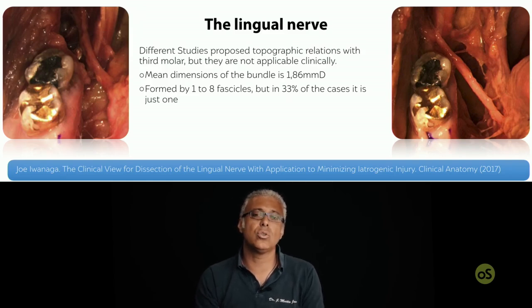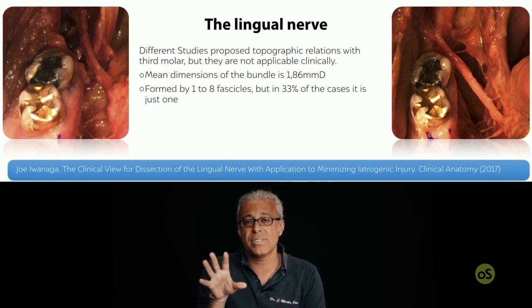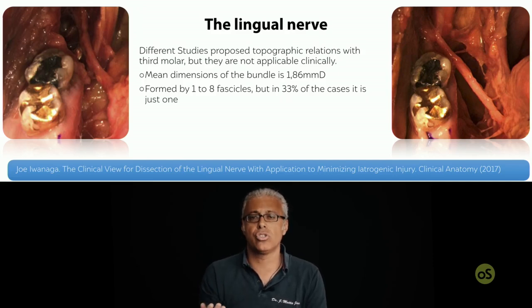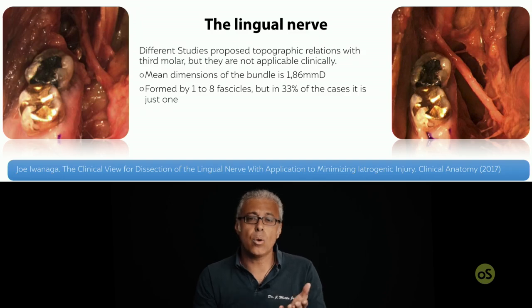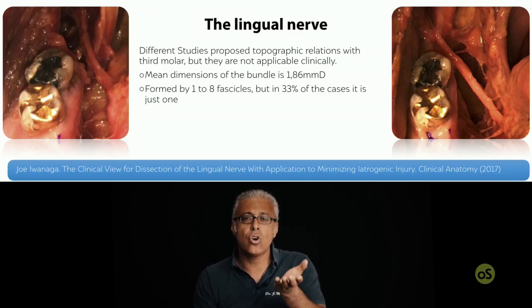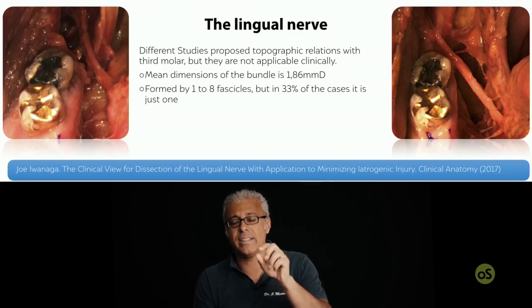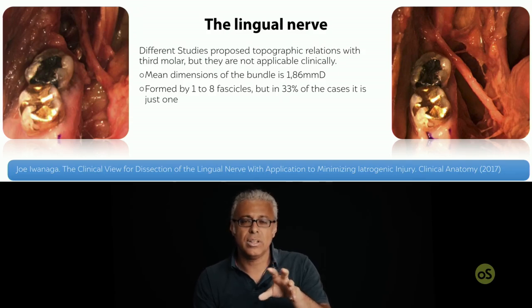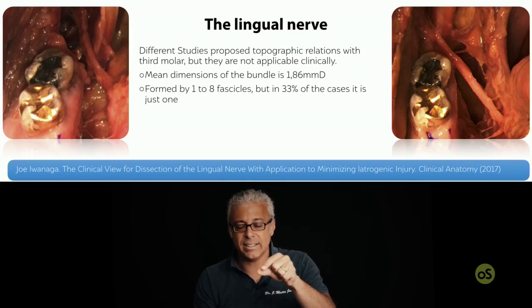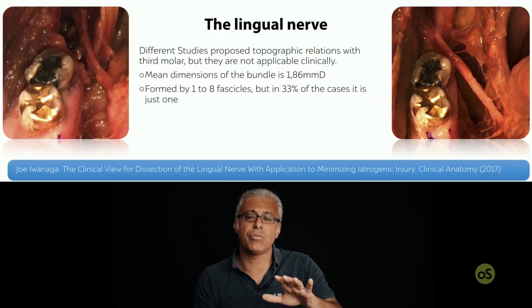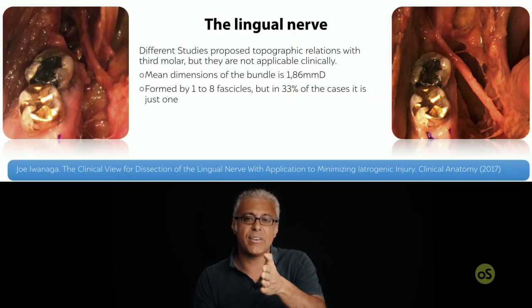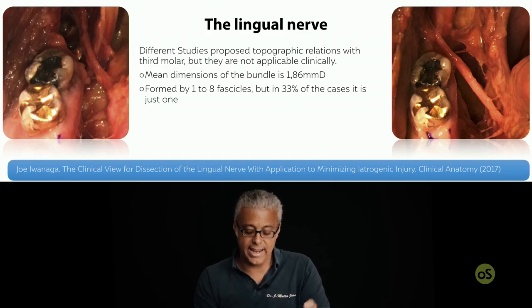But the important thing to know is that in about 10%, and we can't know this before our surgery, the nerve can be quite superficial, so quite coronal, just behind the second molar at about 10 millimeters behind the second molar in the soft tissue. So we have to know that that area is an area that we are going to protect, and we can't work in that area.